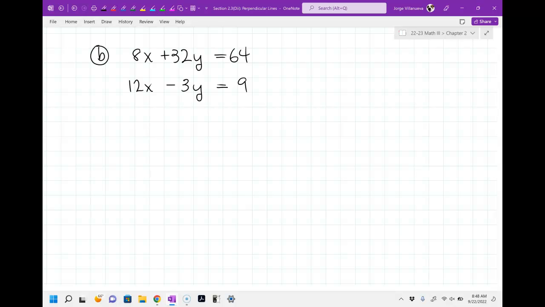Because we got to figure out their slopes, and the best way to find their slopes is to get it in slope-intercept form, right? Y equals mx plus b. So my m value. So let's find it. So I got 8x plus 32y equals 64. And then to the right of that, I'm going to write the other one, 12x minus 3y equals 9.